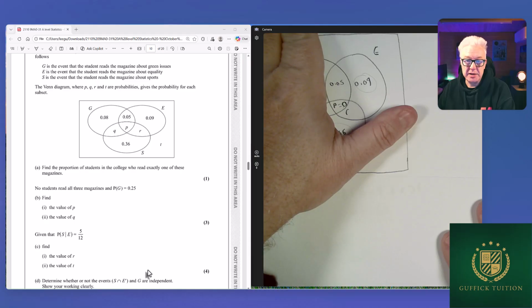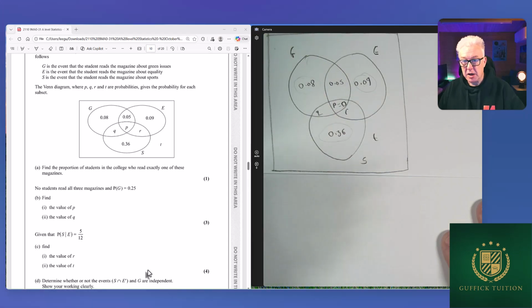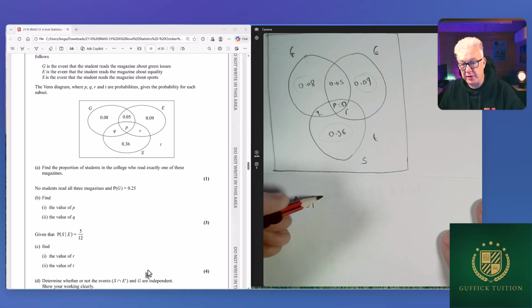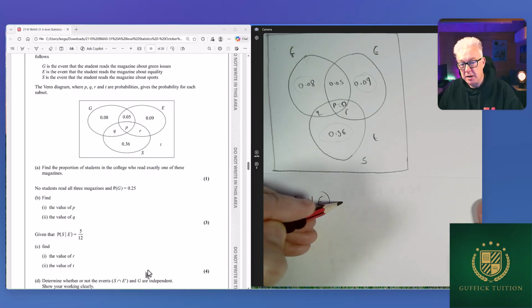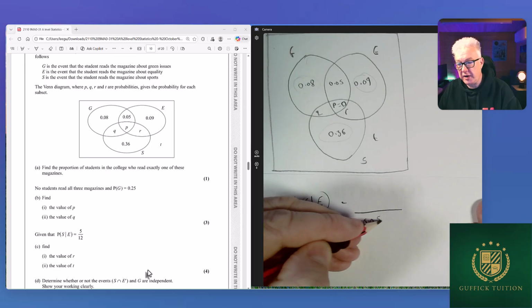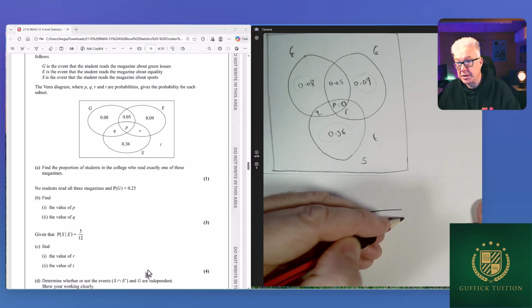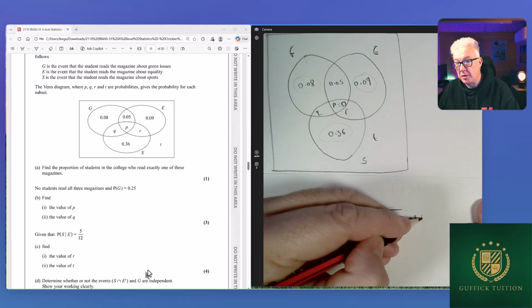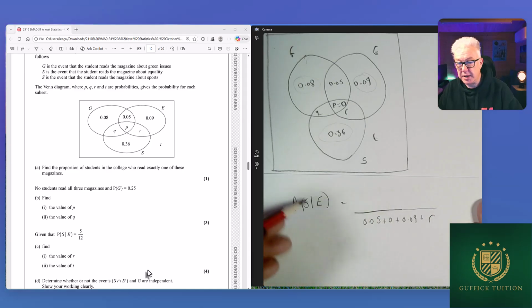So the denominator is just going to be 0.05 plus 0.09 plus R, because given equality, so let's write down here, probability of sports given equality, that means that the denominator is just the probability of equality, which is 0.05 plus 0 plus 0.09 plus R. Okay, so that's our denominator.